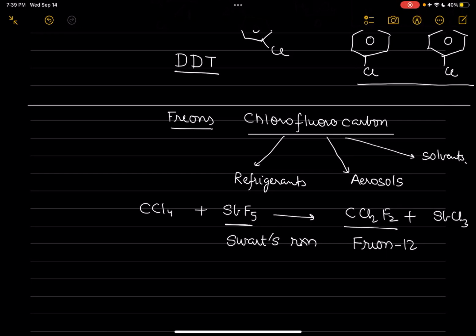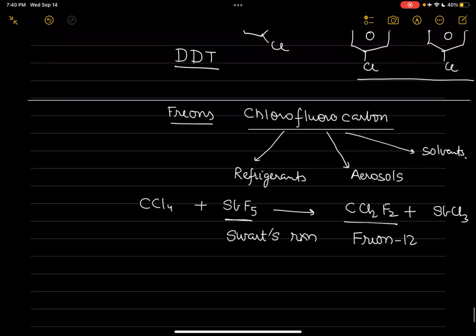So antimony fluoride reacts and it takes away some Cl and gives its own fluorine, and that's how your chlorofluorocarbon is formed. There are other methods also.